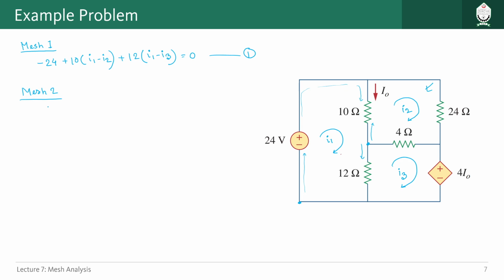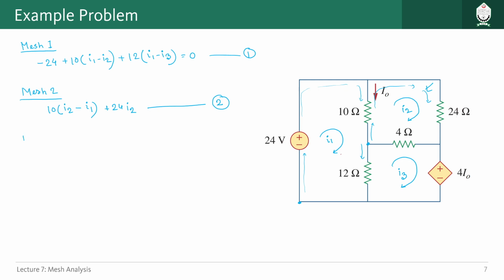So we have to write here 10(I2 - I1), right? And then we will go in this direction again. So we have 24, but only current is I2 in the same direction as our KVL. So it should be plus 24 I2. So that is our equation number 2.